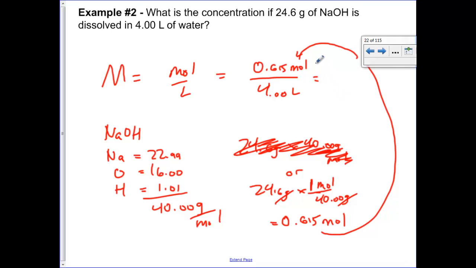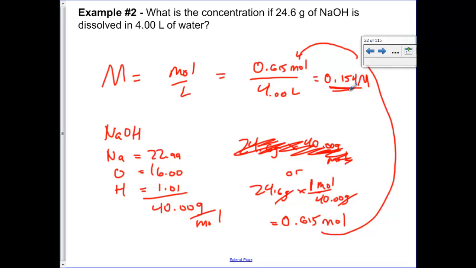And then with 3 significant digits, I got 0.154. Let me know if you don't get that number. Does that make sense?